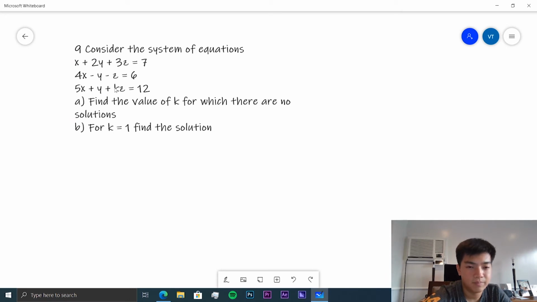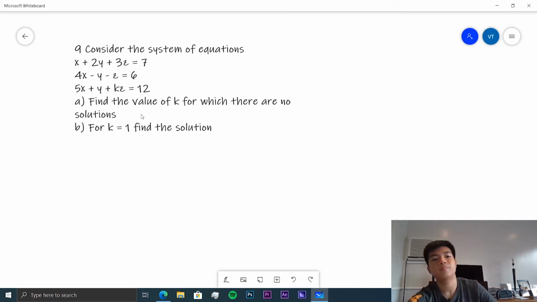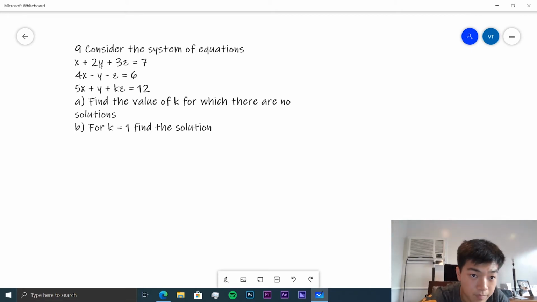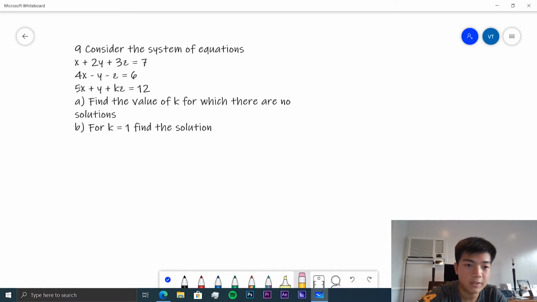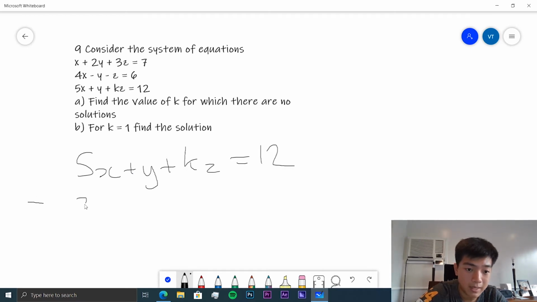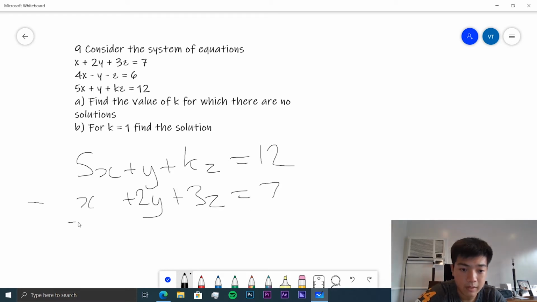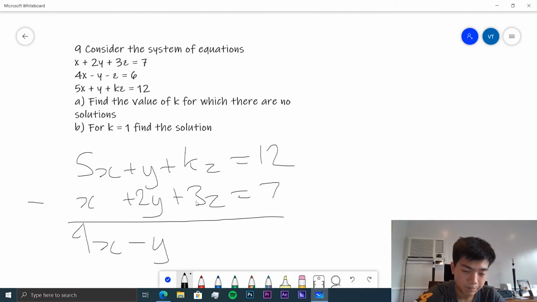So if we subtract the first equation from the third one, we get 4x minus y plus k minus 3 z is equal to 12 minus 7, which is 5.